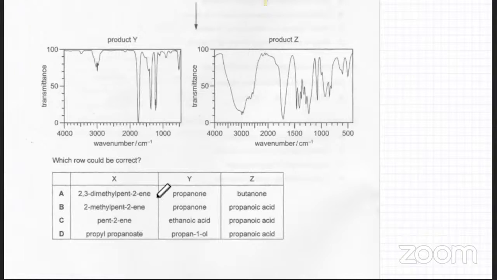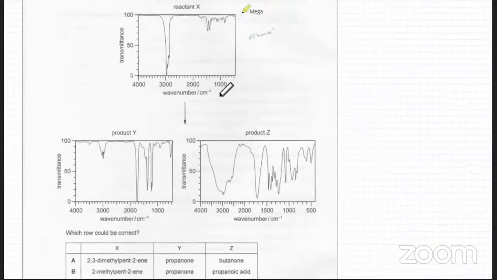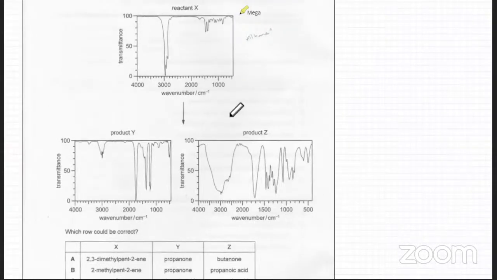Now when you do strong oxidation of alkenes, the molecule splits up into 2 different products. So this could be strong oxidation of an alkene. And what's the rule for strong oxidation of alkenes? Whenever there's strong oxidation of alkenes, the double bond is going to break completely into 2.